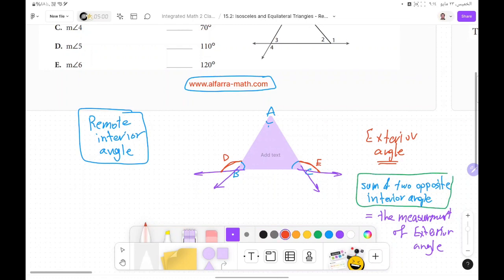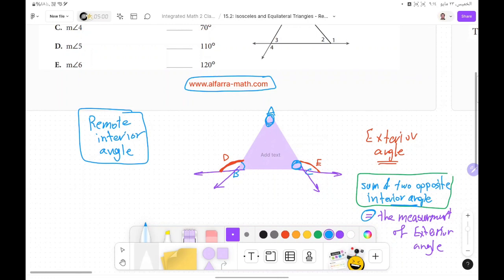First, let's talk about angle D. Which two angles are opposite to angle D? The angles opposite to angle D are angle A and angle C. So the summation of the two opposite interior angles is equal to the measurement of the exterior angle.